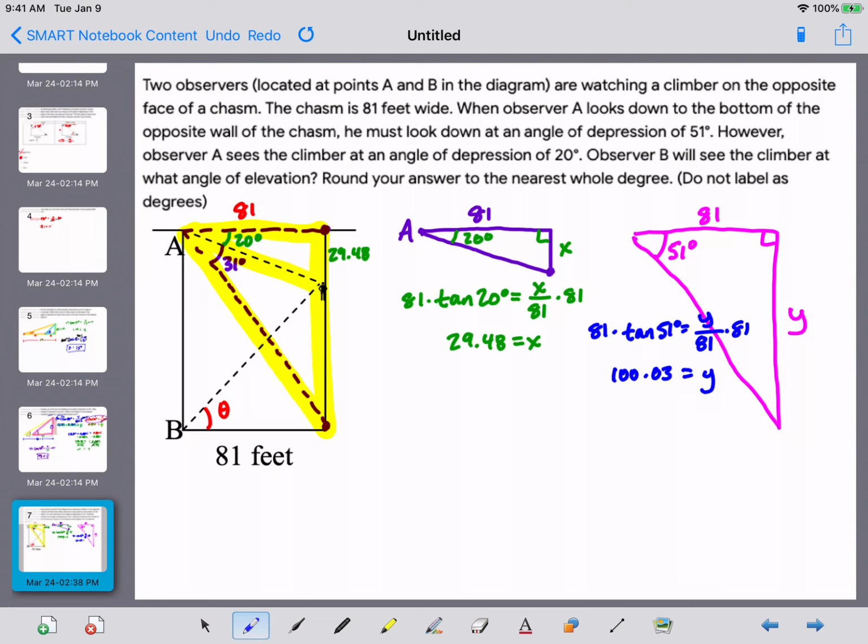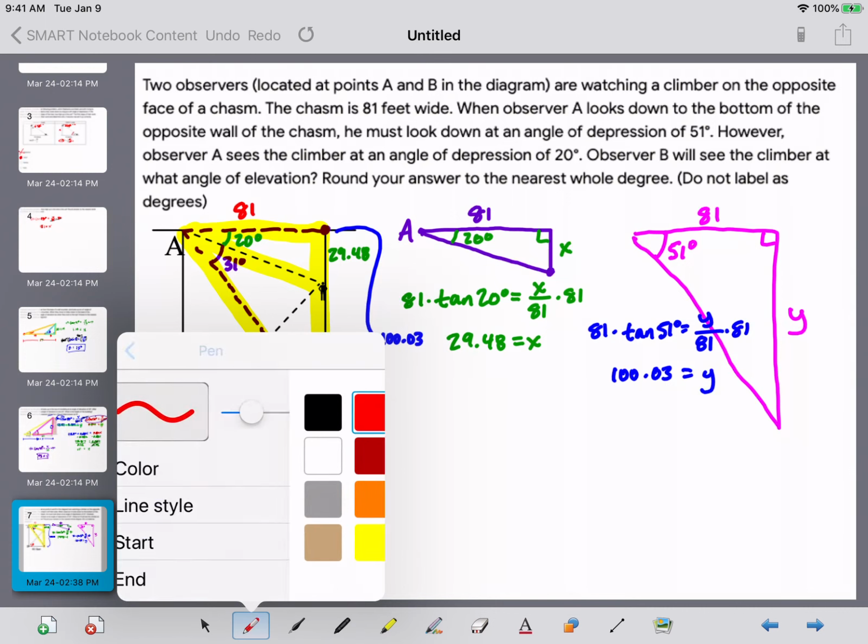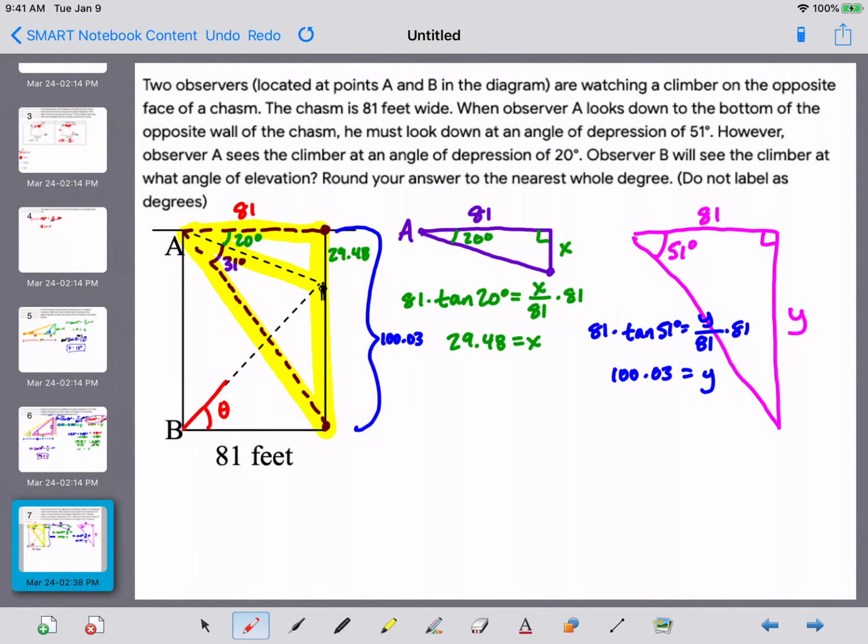And that's y. So if we look at the triangle that I drew, that means this whole thing right here is 100.03. What I'm trying to get at is I want to know a side in this triangle. I don't have that yet, but I can find it because I know the height of this chasm is 100.03.